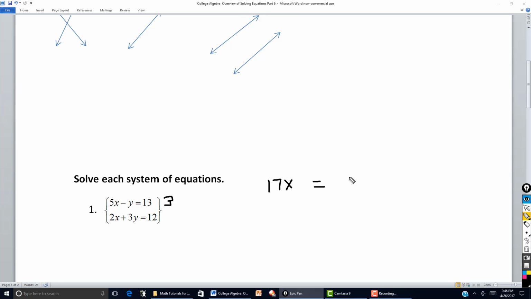Add 12 to that, and that gives me 51. Okay. So what I've done by elimination is I've eliminated the y variable, and I've obtained an equation with one variable x. So it's easy to work with an equation if it has one variable. So now I just divide through by 17.